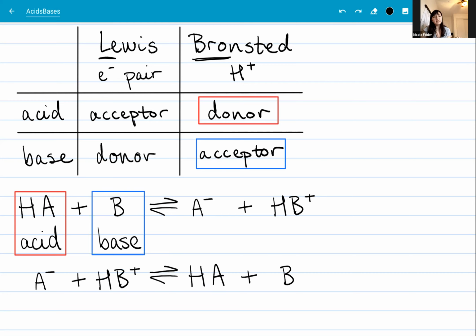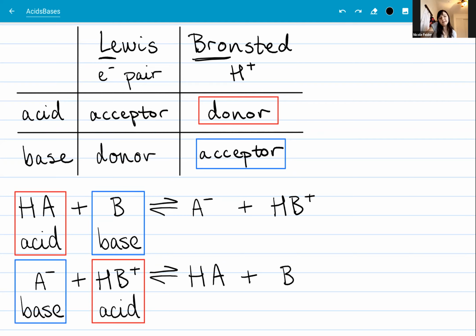And this is pretty curious because now, as I've drawn it here, the proton is donated by HB+, making HB+ an acid, and accepted by A-, the base. There's sort of a role reversal here, where HA is an acid and A- is a base, but the two are closely related.